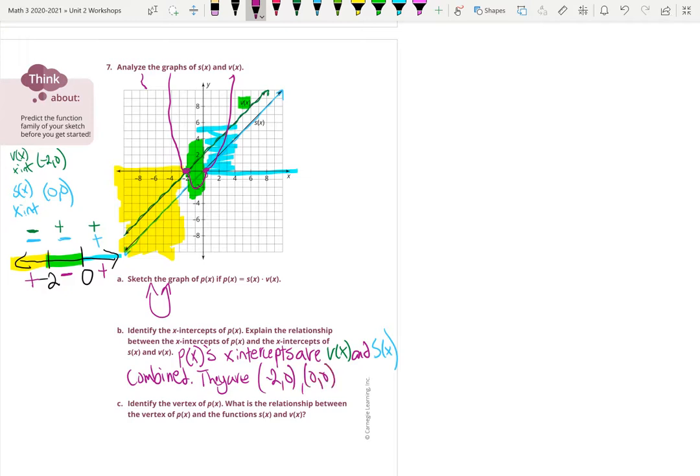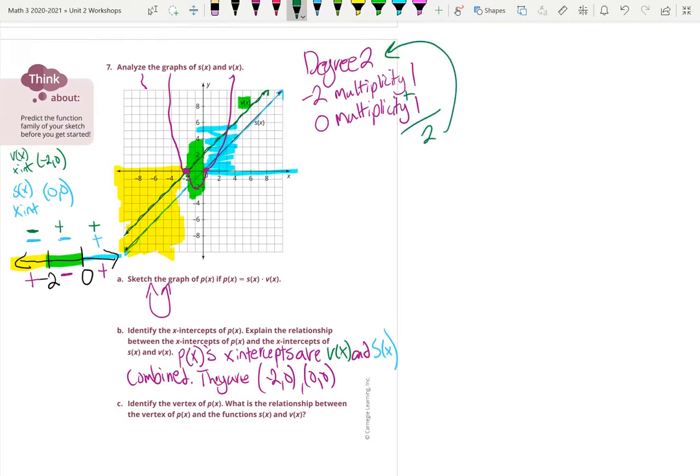Notice two solutions. This is a degree 2, which means it has two answers. Negative 2 has a multiplicity of 1. 0 has a multiplicity of 1. 1 plus 1 makes 2.